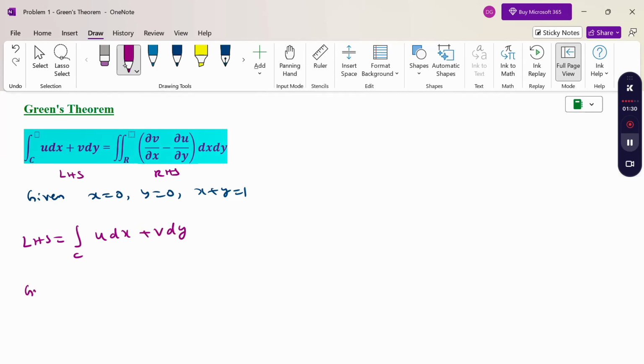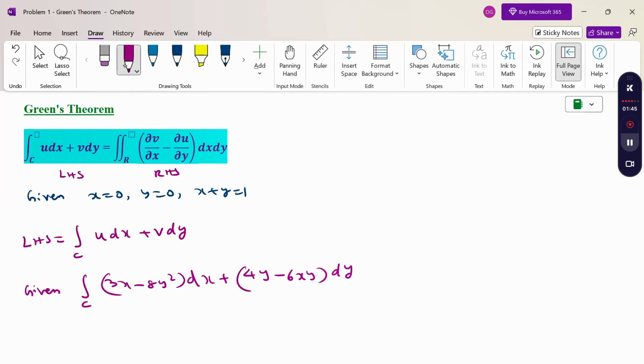The given problem is the integral over C of (3x minus 8y squared) dx plus (4y minus 6xy) dy.